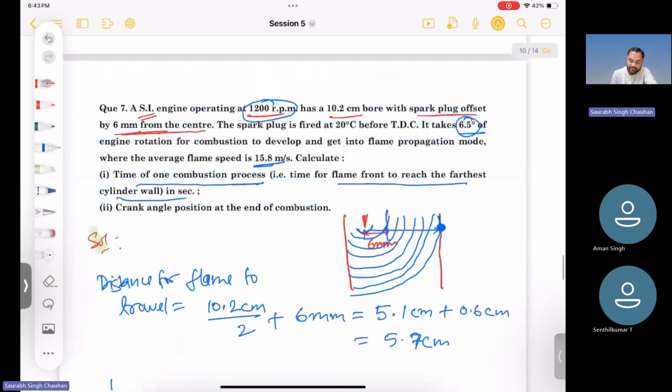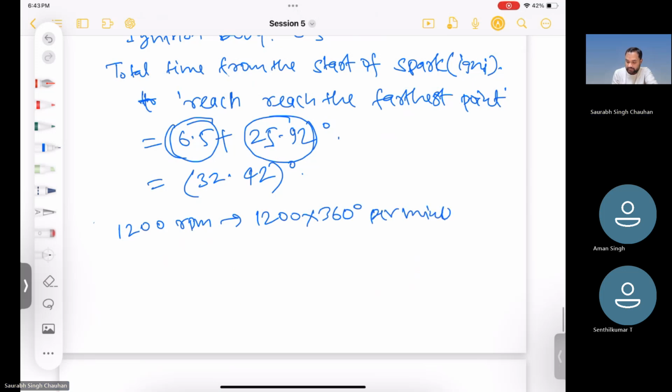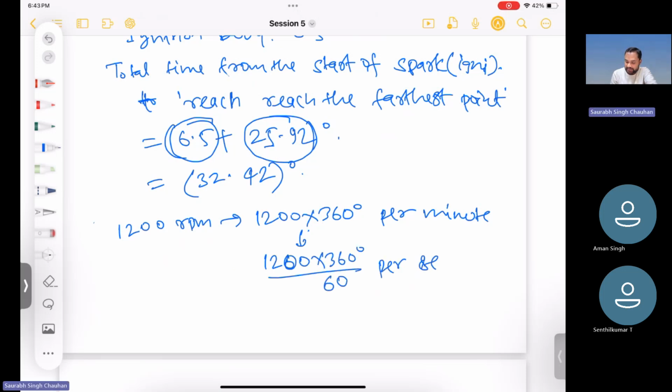How much is the engine speed? 1200 RPM, 1200 revolutions per minute. Again, 1200 into 360 degrees per minute, so this means 1200 into 360 divided by 60 per second.